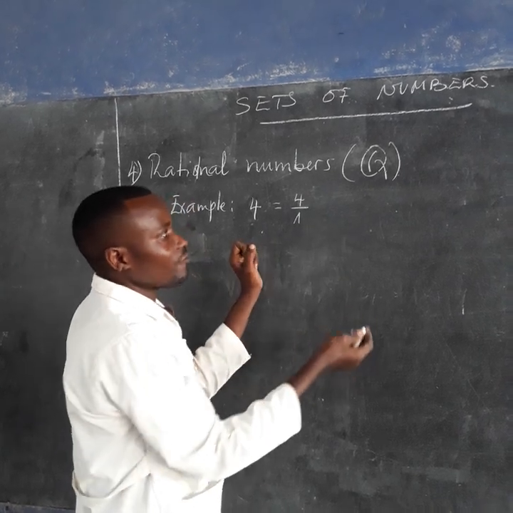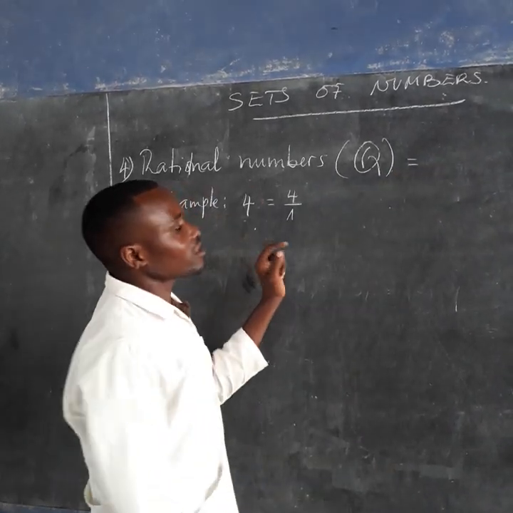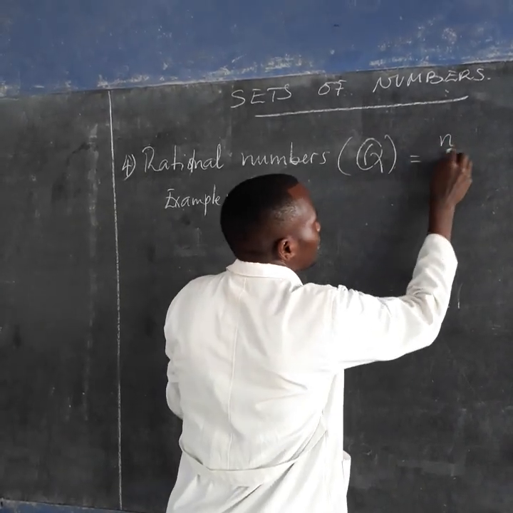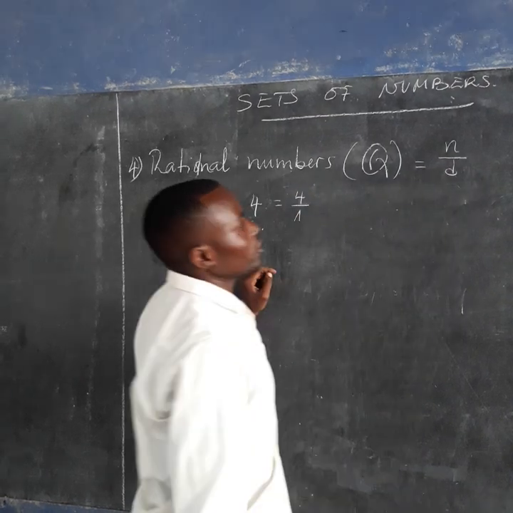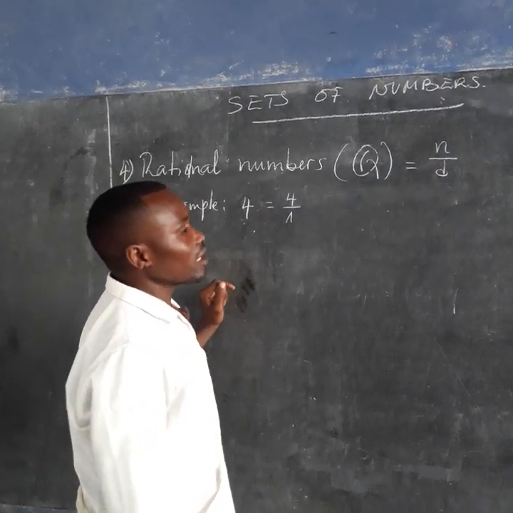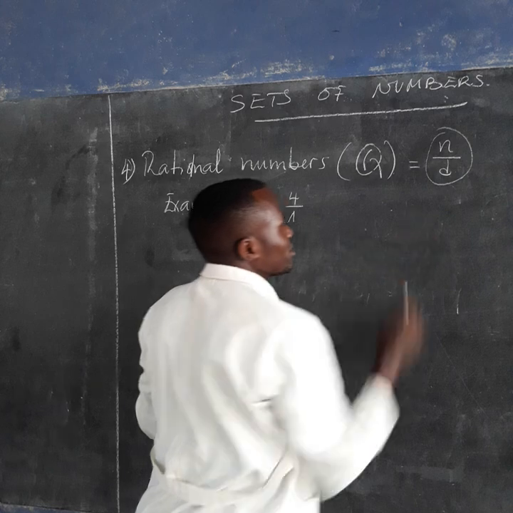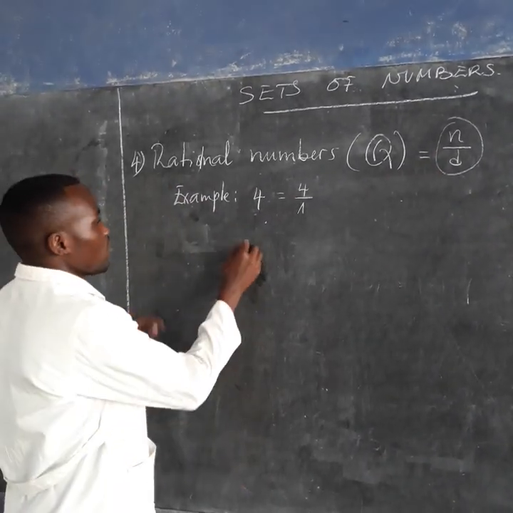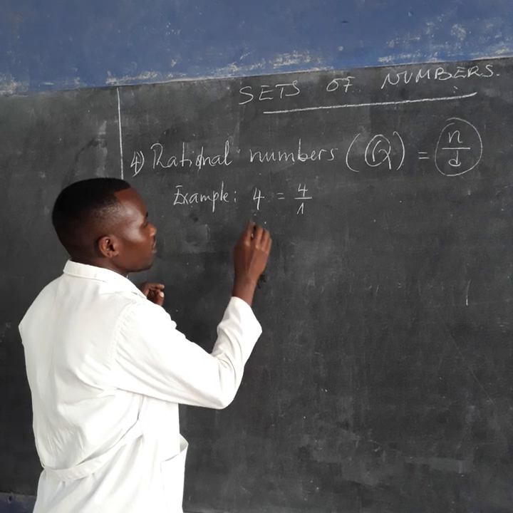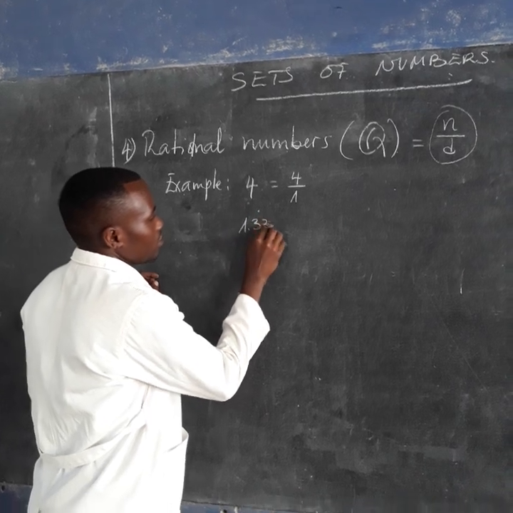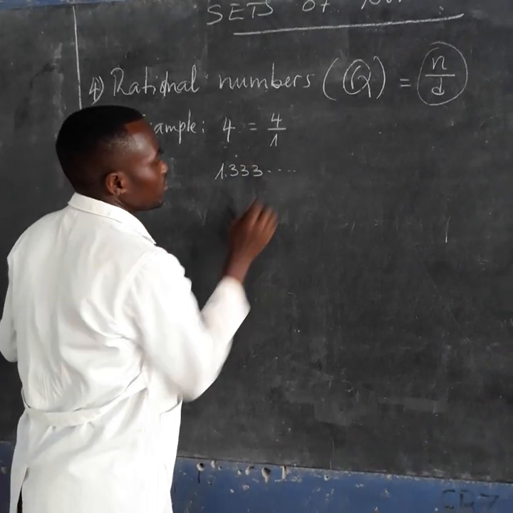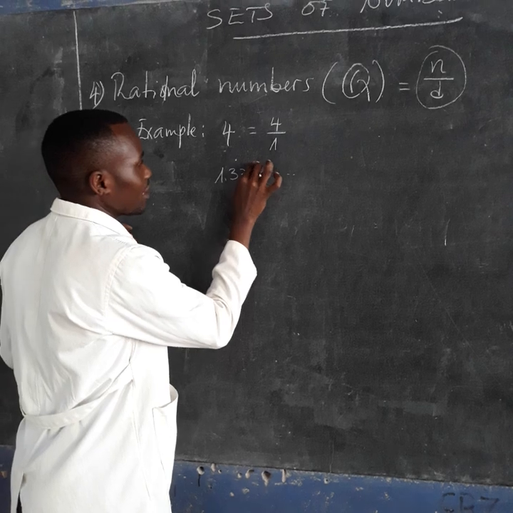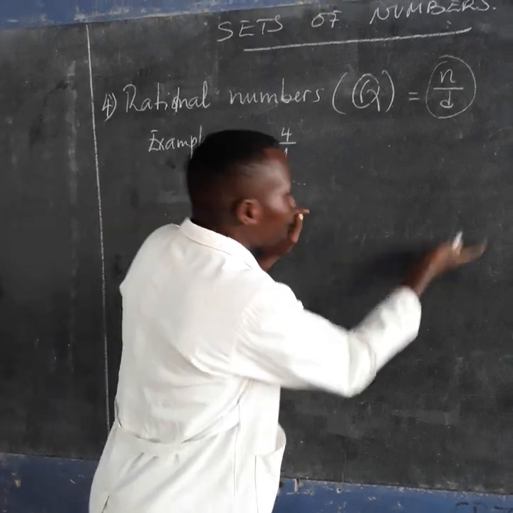You know that a fraction contains two parts, the numerator and the denominator. So any number that can be written in this form is a rational number. Another example, when we write 1.333 and so on, meaning that 3 will continue forever.